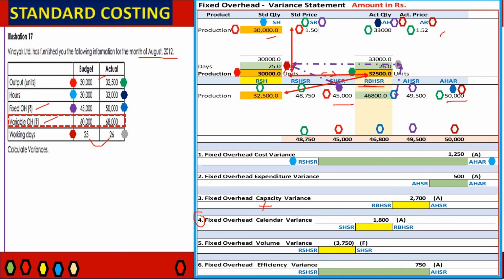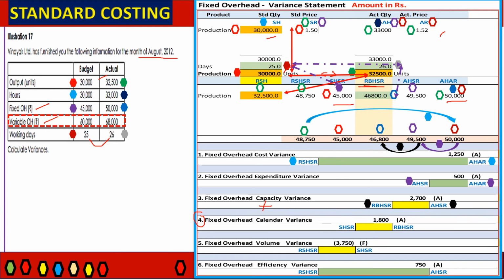Cost overall, from this end to this end, 50,000 minus 48,750, which is AHAR to RSHSR. That is cost variance. We have got expenditure variance starting from right to left, 50,000 minus 49,500. That is the expenditure variance.